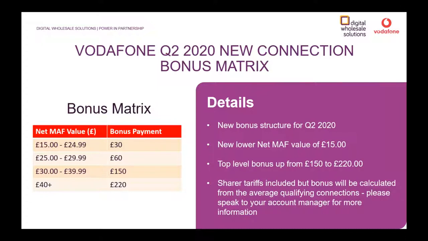So as you can see on the table there, between 15 and 24.99, 30, etc. All these details are in the guide, but significantly, that's the lower net monthly access fee value of £15 as an entry level for you to still receive a bonus payment. That's a recent change from Vodafone. Previously, you wouldn't receive any new connection bonus for a low line rental such as that, but now you do, and those details are all in the Vodafone section of the guide.